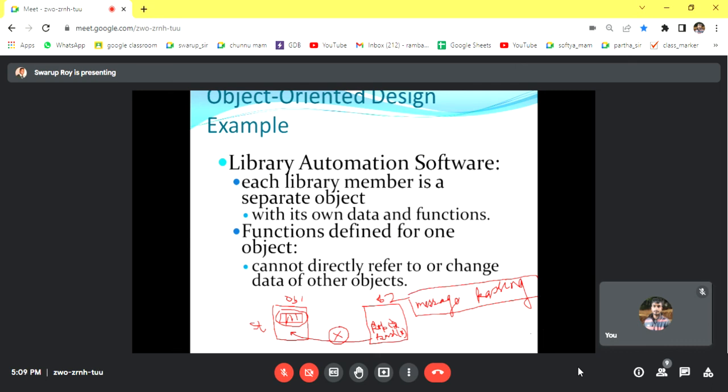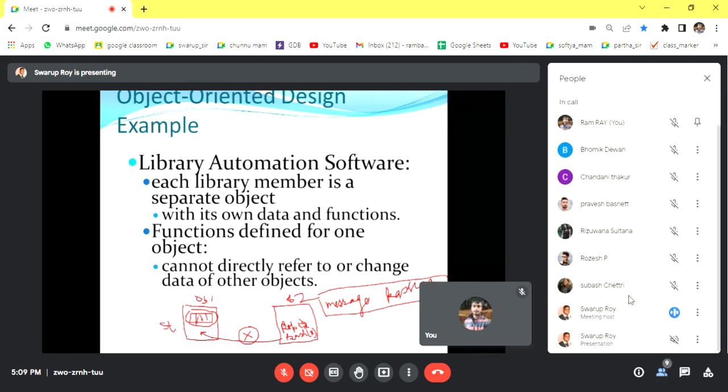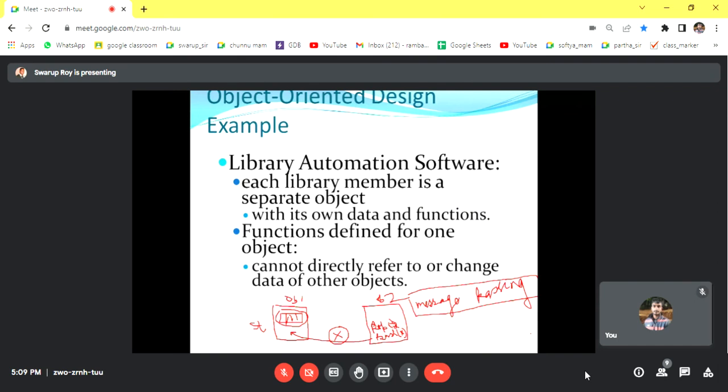Is it clear to you? Is it clear to you? If you don't understand, you could ask, but I don't know. Most of you always remain mum. Mum means either you cannot connect yourself with the things, which is very dangerous, or you may not be able to concentrate well on whatever has been discussed.